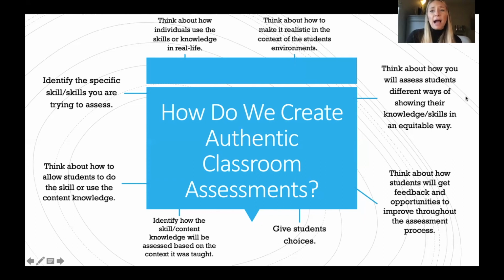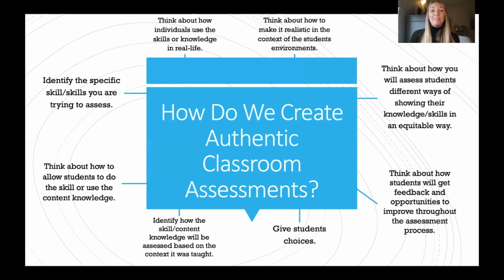Next, we want to think about how you will assess students' different ways of showing their knowledge and skills in an equitable way. This is one challenge. If you do allow your students to have choices of assessment, then we really need to think about how we are going to make sure that I'm assessing this in an equitable way, right? Equitable, equality, and equal is not the same thing.